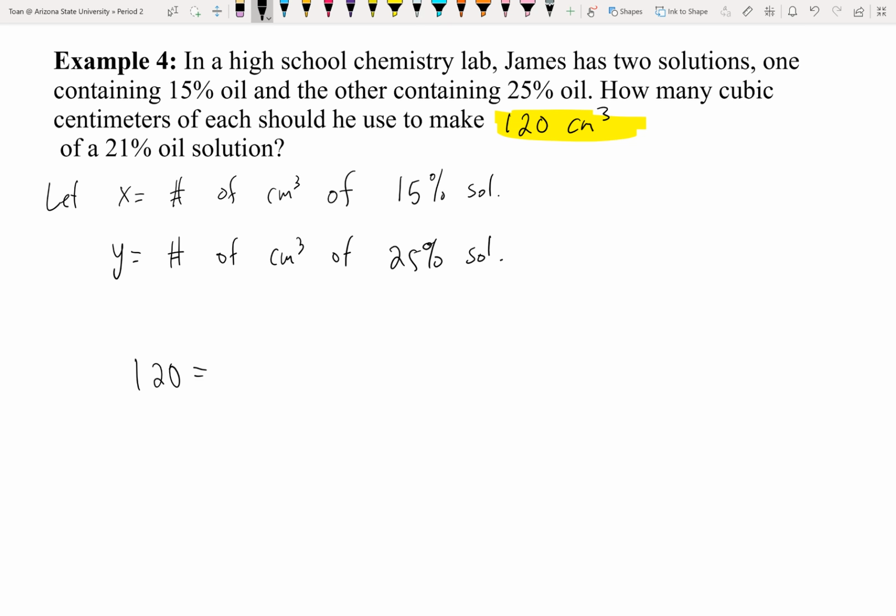Do you agree that 120 represents cubic centimeters? Do I have anything written on my paper that is only cubic centimeters of stuff? Did we write down anything on our paper that says amount of cubic centimeters? X and Y. So if 120 is the total of cubic centimeters, x plus y.